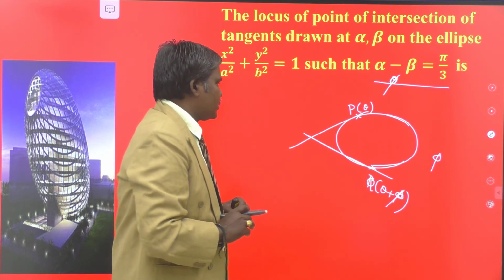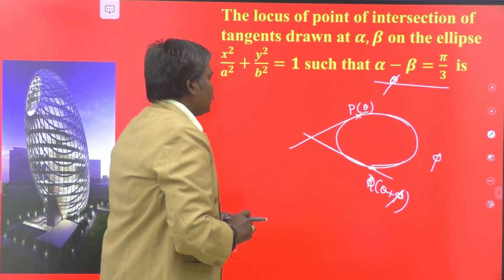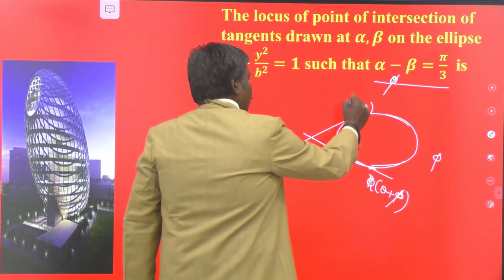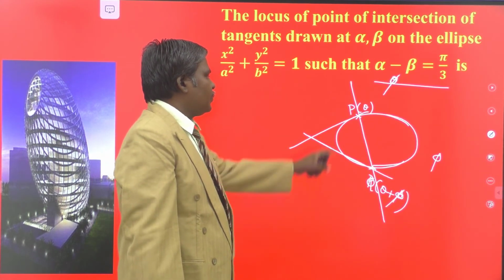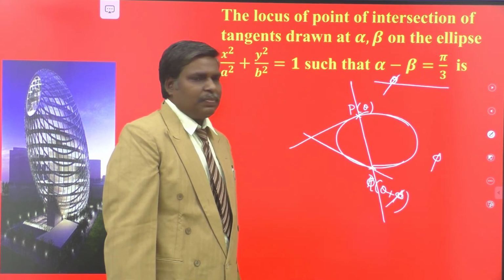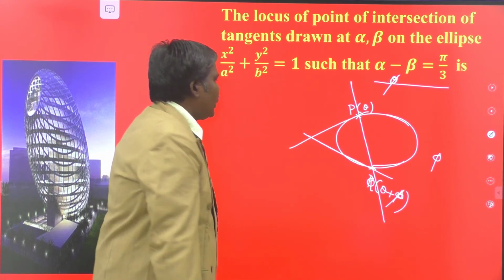That is a lengthy process. For that, I am going to write the equation of the line joining P of theta and Q of theta plus phi. Can I write this one or not?